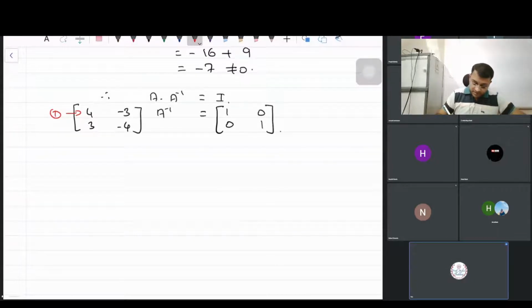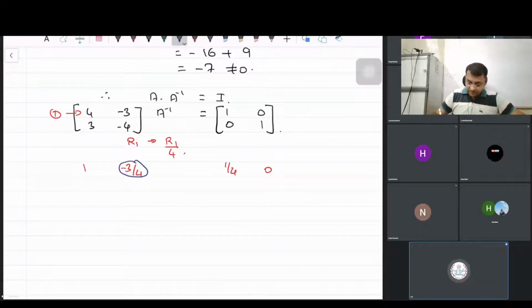So please wait. Generally what we do is we say R1 changes to R1 divided by 4. So first element comes out to be 1 and the remaining element will come out to be like this and 0. Now here I am coming across fractions in the very first step.